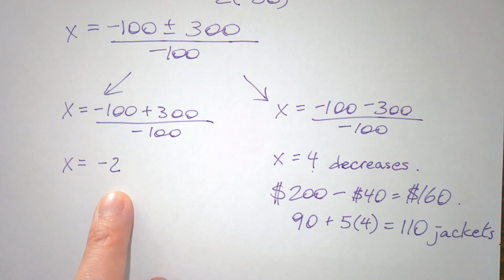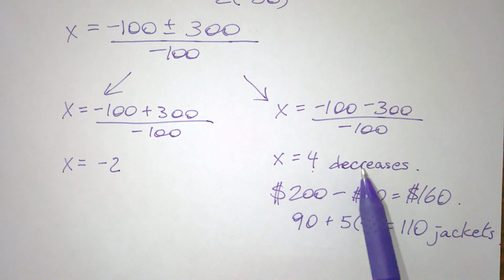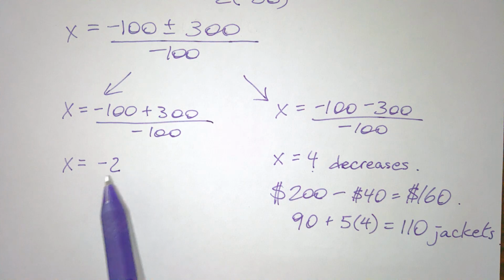Okay, so this is tricky. If the 4 means 4 decreases, negative 2 would actually mean 2 increases. But on the exam, I don't think I did something tricky.